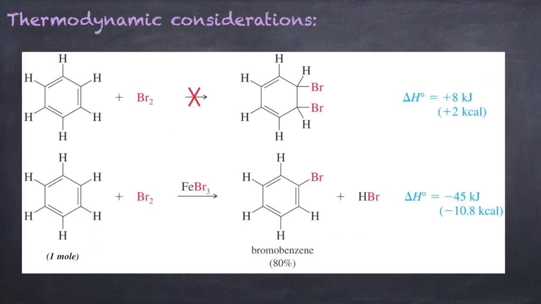If you consider the thermodynamics, you can see a big difference between addition versus substitution. If we do an addition reaction, it is actually endothermic because we have lost the aromatic stability in the product. If we do a substitution reaction, we retain the aromaticity and it is exothermic.